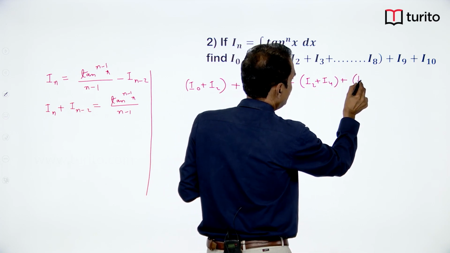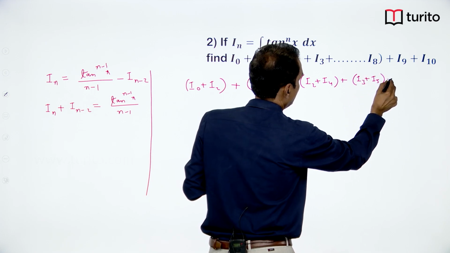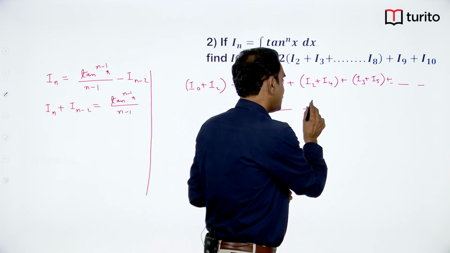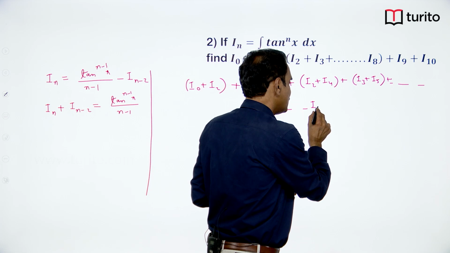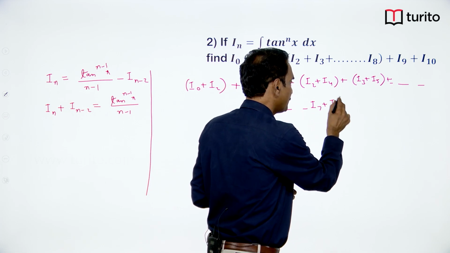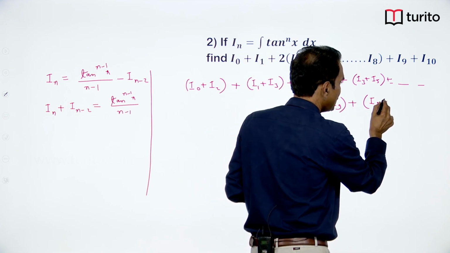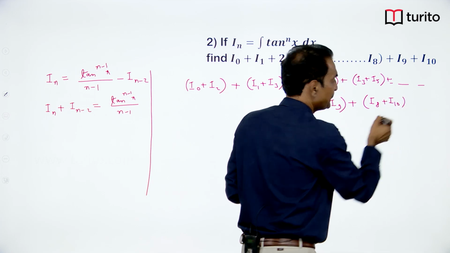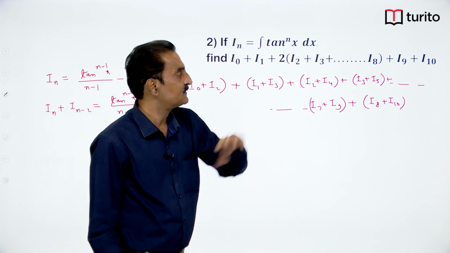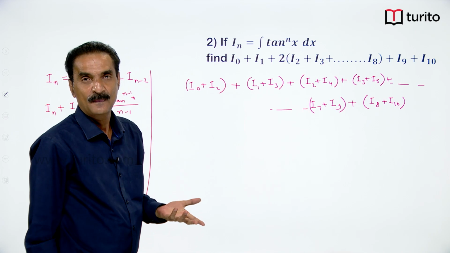Next, I3 plus I5, till, let us write the last two terms, I7 plus I9, plus I8 plus I10. Then observe that this is the same as this, this and this are the same.